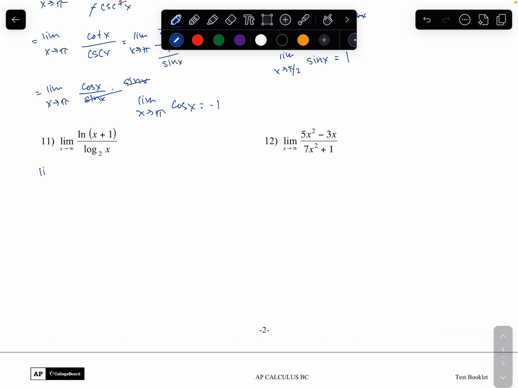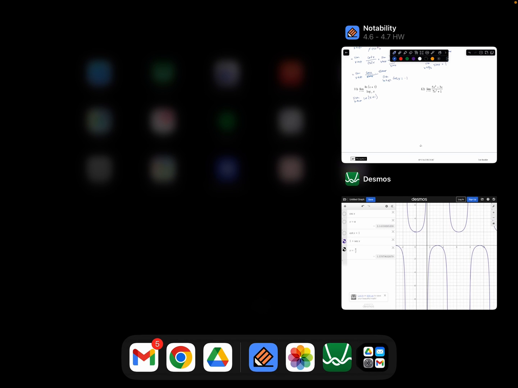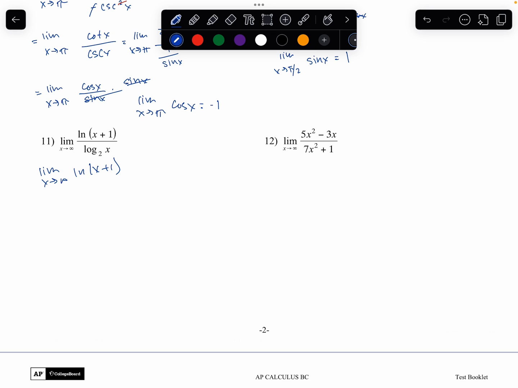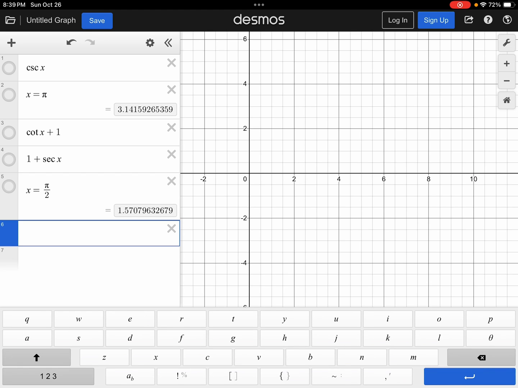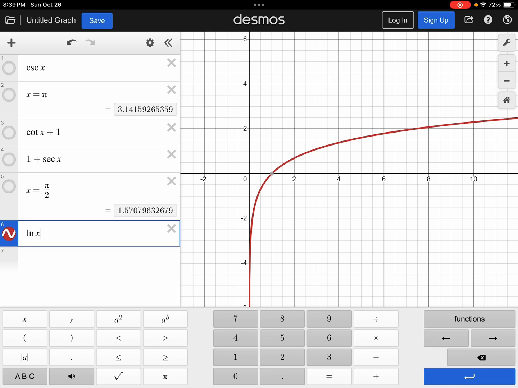Okay, we'll do the limit as x approaches infinity of the natural log of x plus 1. That's going to be infinity because natural logs are increasing functions, and even if it's slow, it doesn't really matter.